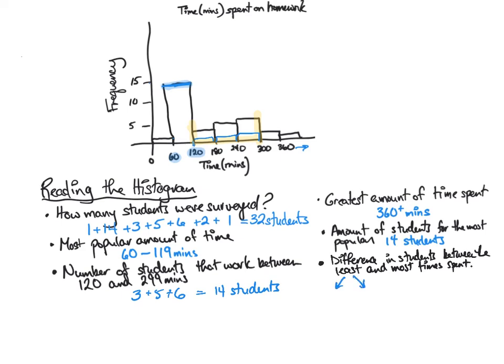I could say that that is from 0 to 59, because that's 1 student. Or I could say it's 360 plus, also 1 student. But the point is that it's 1 student. The most is from 60 to 120 minutes, and that is 14. So I have 14 minus 1 equals 13 students.